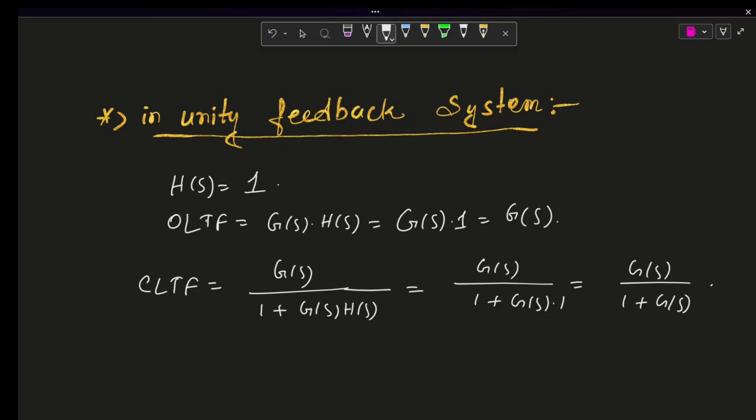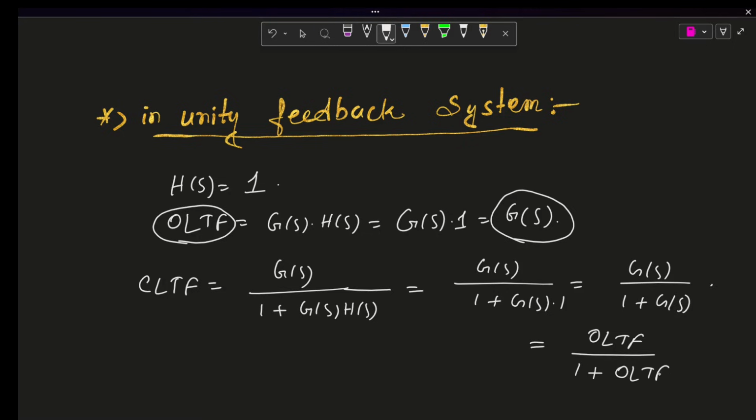So we can write OLTF as G(s). Just change the expression: in place of G(s), just write OLTF. So OLTF by 1 plus OLTF. So we can write CLTF equals OLTF by 1 plus OLTF.